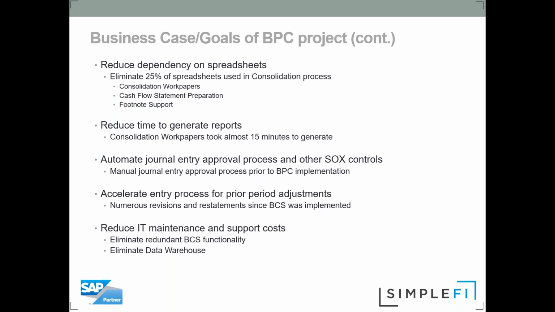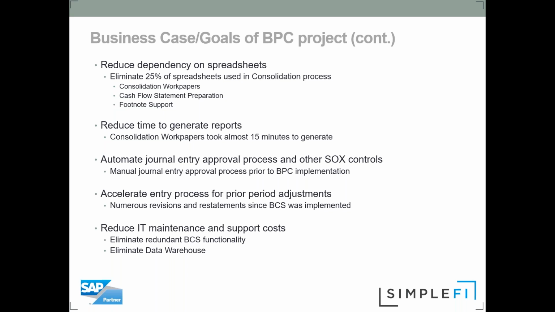The accelerated entry process for prior period adjustments: they do restatements frequently, and it was always a little bit painful for them. They want to make sure that they can do it very quickly. When they get these prior period adjustments, they can go in and make the adjustment. And then, of course, just reducing the IT and support costs.